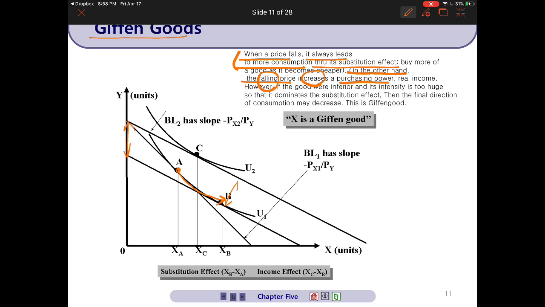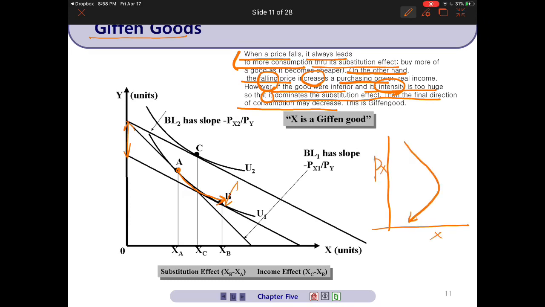However, if the good is so inferior, and the intensity is so huge that this inferior good effect dominates the substitution effect, then the final direction of consumption may decrease. It is a Giffen good. For the demand curve of a Giffen good, we can see backward bending there.